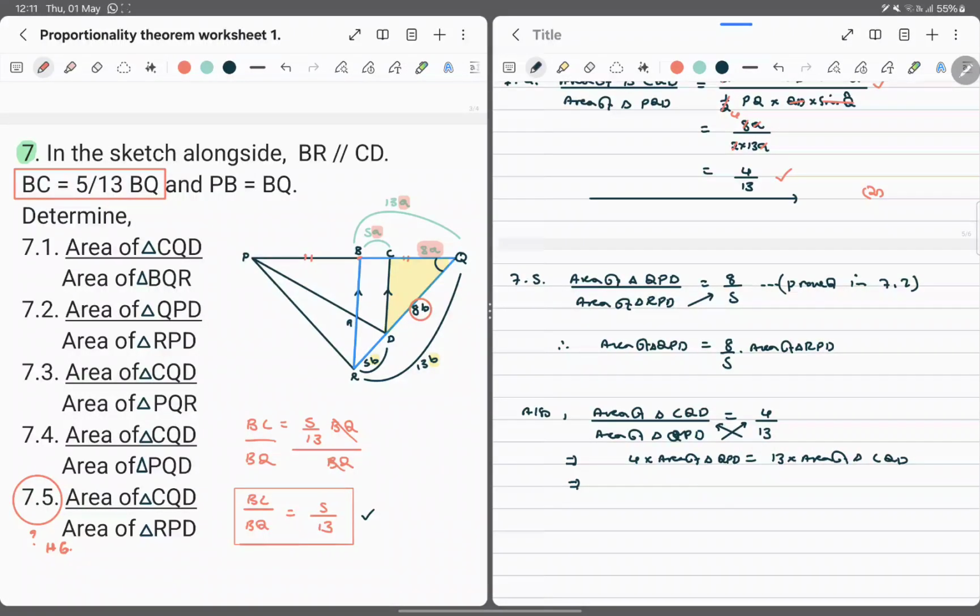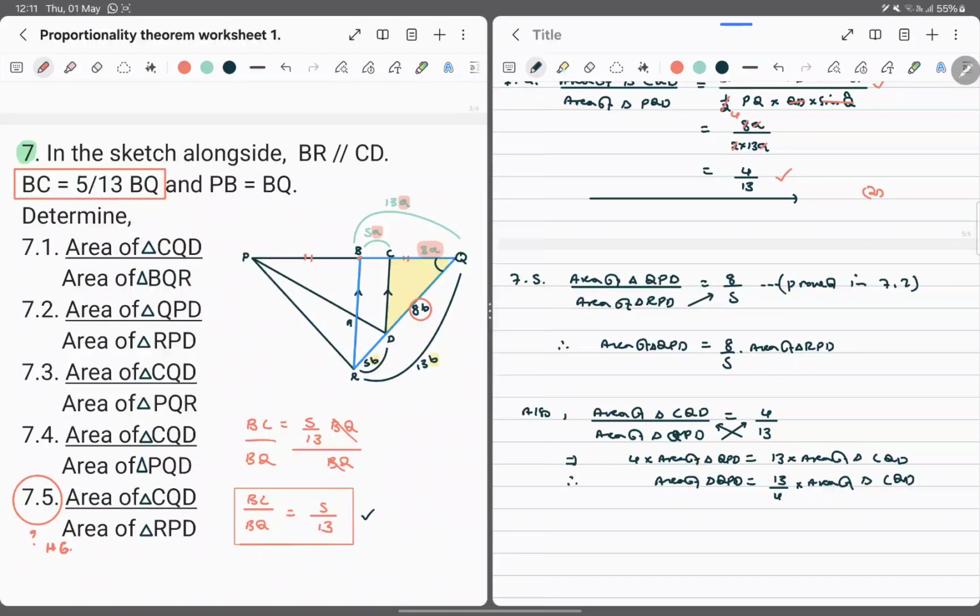Okay, so we can make a conclusion. We just divide by 4 here. We can say therefore the area of triangle QPD is also 13 over 4 times the area of triangle CQD.